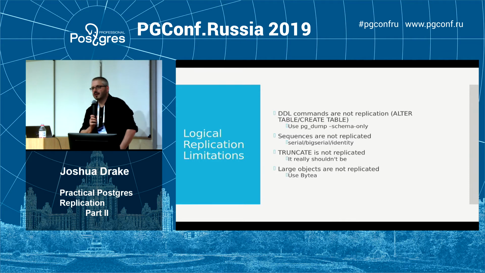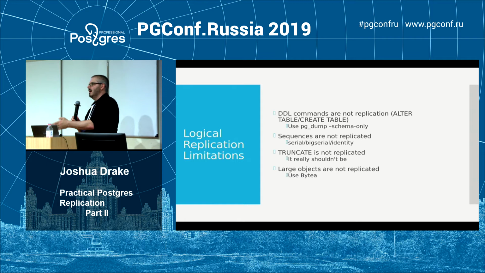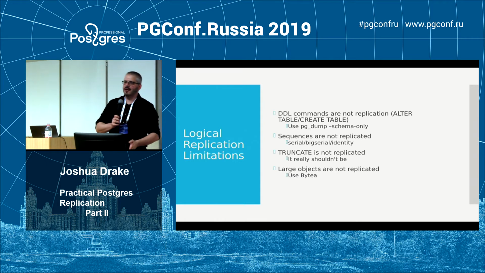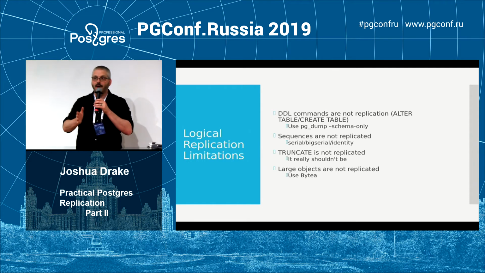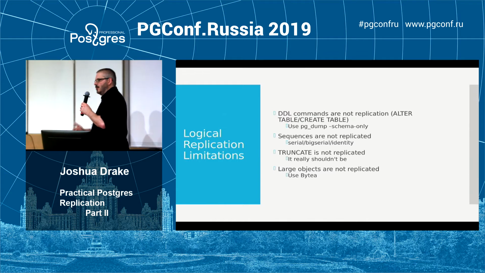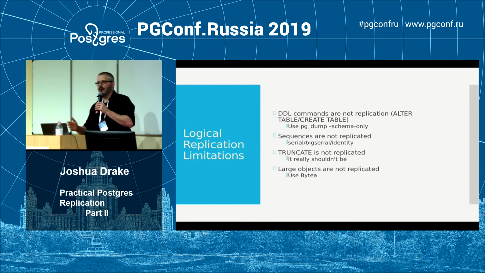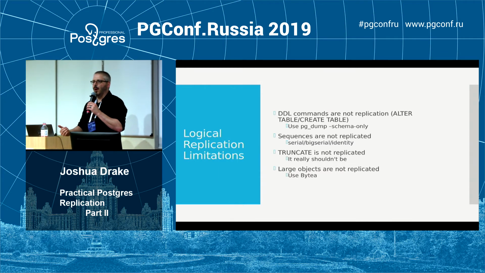Sequences, serial, bigserial, and identity are not replicated. Not the most important reason you can't use it for high availability, but the number one reason in this talk why you can't, is that if, like most people, regardless of right or wrong, your primary keys are a sequence of some sort, and you replicate all this data, and you go to fail over, you're going to have a billion rows with a sequence value of 1, which means you will instantly get errors when you start to modify that data.